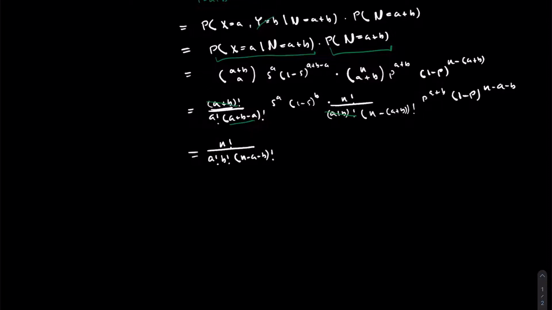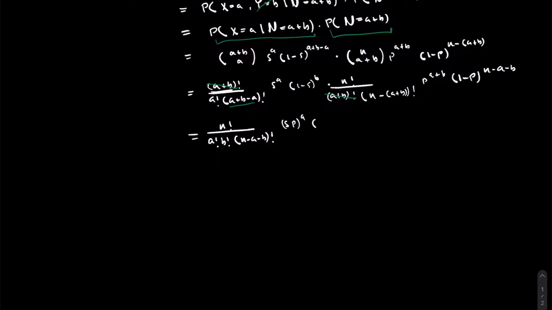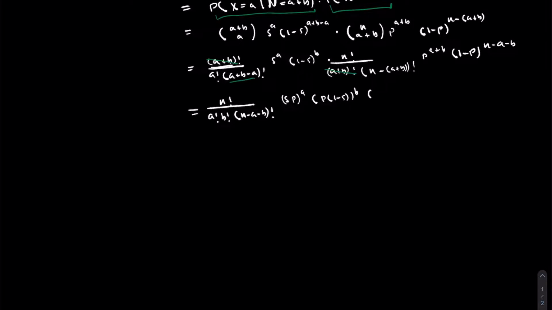Okay, and then we have the s to the power a, and we have p to the a here. So you're going to collect all these probabilities, and then we have p times 1 minus s to the b, so that's what remains from here. And the remainder is the 1 minus p to the n minus a minus b.